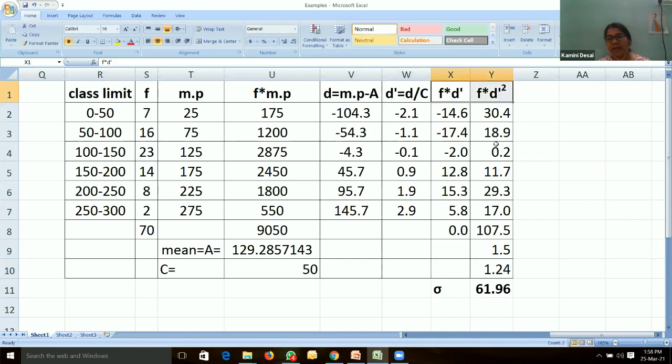Give this heading, and for tomorrow's class, at least keep this whole table ready up to here. Later we can see how to calculate this. Give this heading in your Excel sheet, so you can calculate these 2, 3, whatever remaining columns.